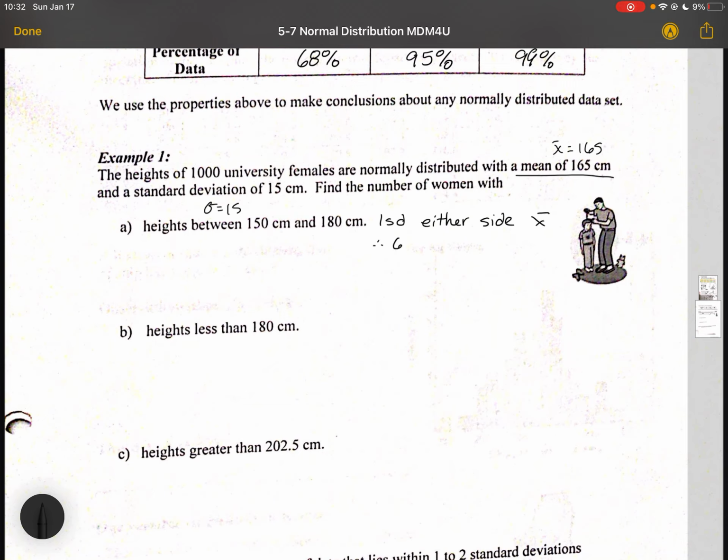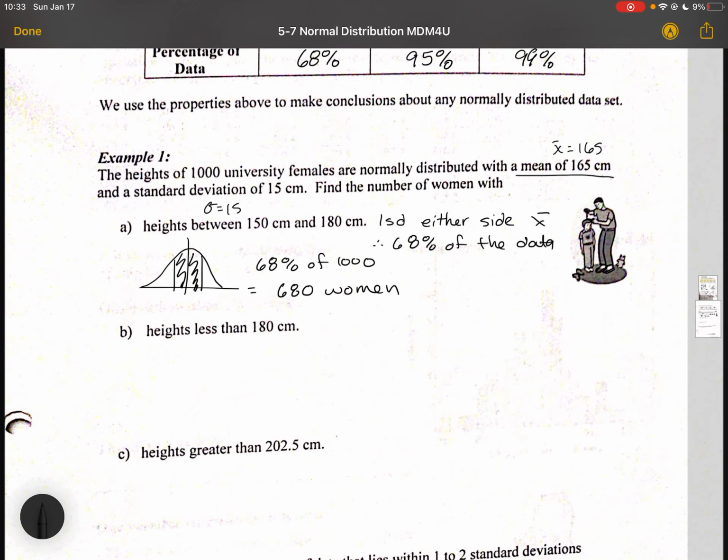So that means that it's about 68% of the data. Visually, we would represent it like this, about one standard deviation. And so to find it, we would do 68% of 1,000, which is going to equal about 680 women.